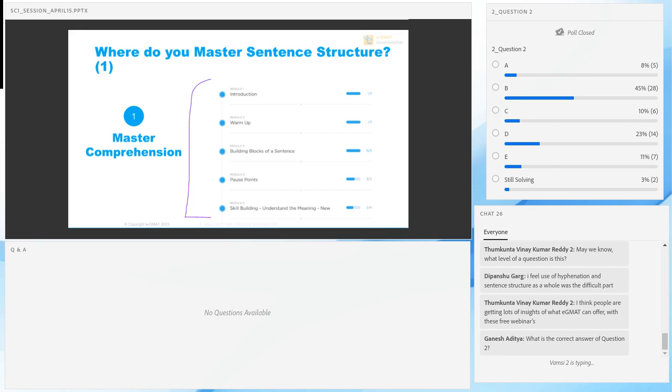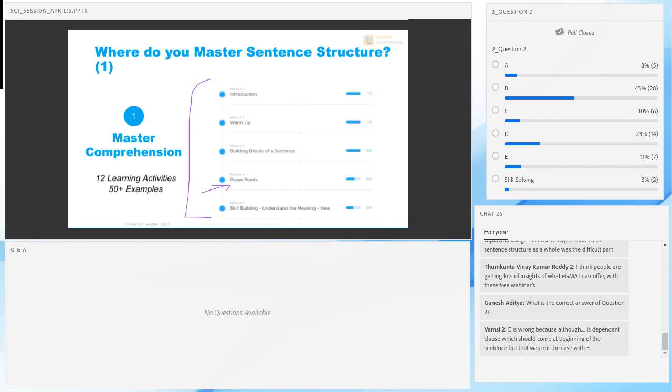This is what the Master Comprehension course looks like. We start off with the building blocks of the sentence. We give you pause points: where do you pause to understand the meaning? And then module 5, where we talked about the 20 sentences that you can build your ability with.